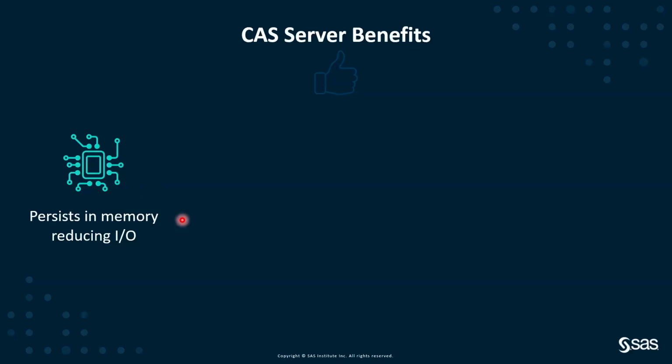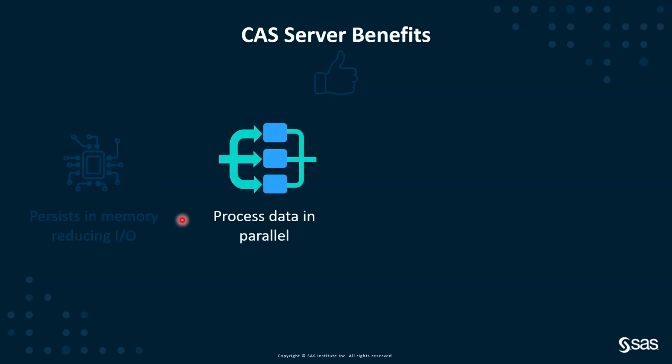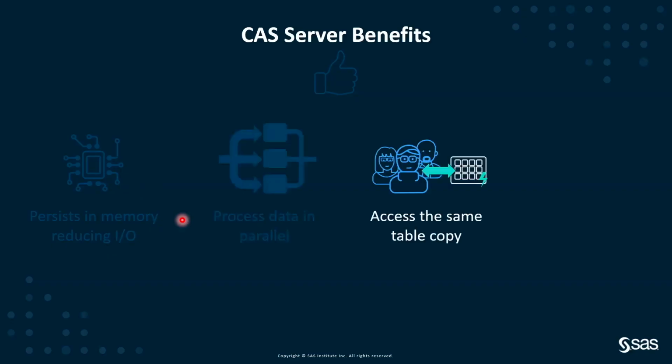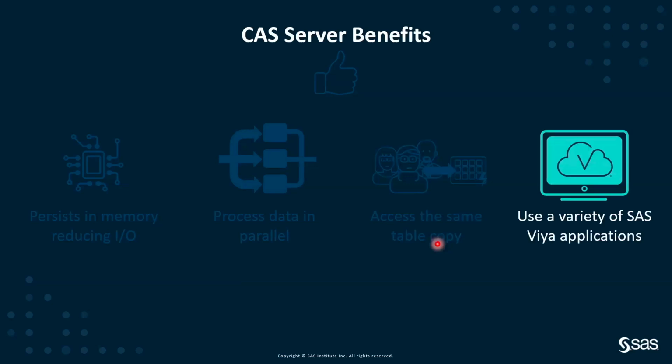It reduces input output time for writing files in and out through the disk. So that's one of the benefits. Second is parallel processing, and multiple users can access the copy of the data and they can parallelly do activities. So it speeds up the activities of the analytics life cycle. And then, of course, a variety of applications are supported on CAS server.